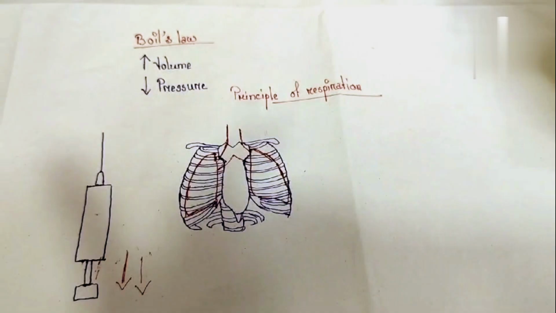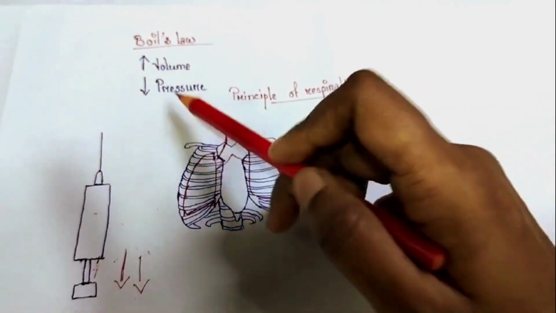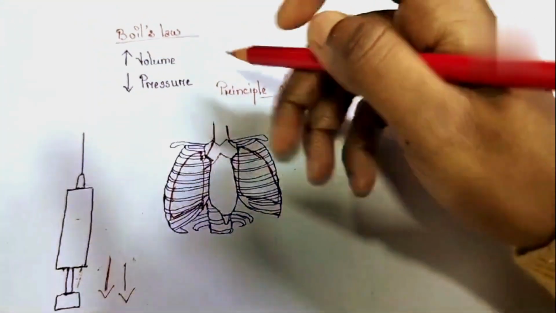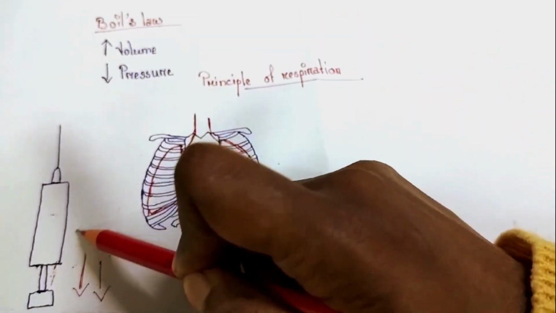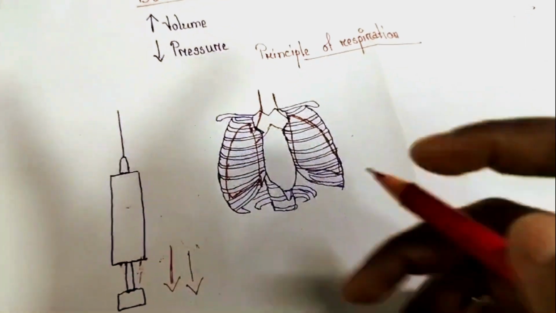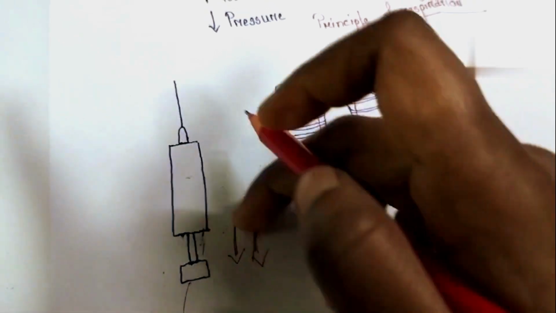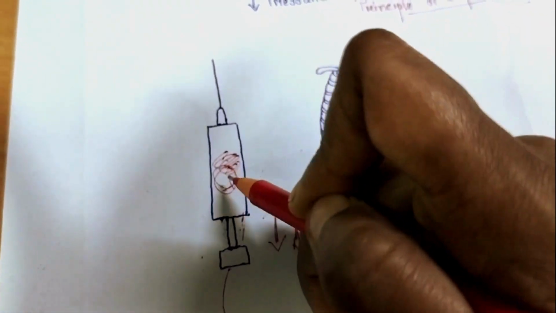Inspiration. Boyle's law states that if the volume increases, then pressure will decrease. To understand this concept properly, take the example of a syringe. As per Boyle's law, to increase the volume inside the syringe, we have to decrease the pressure inside it. If we pull down the plunger of the syringe, we increase the volume inside by decreasing the pressure.